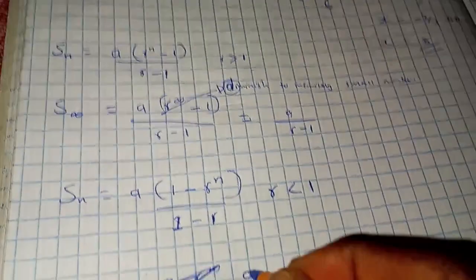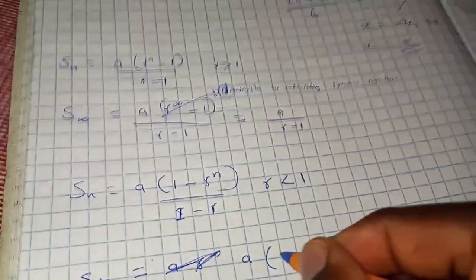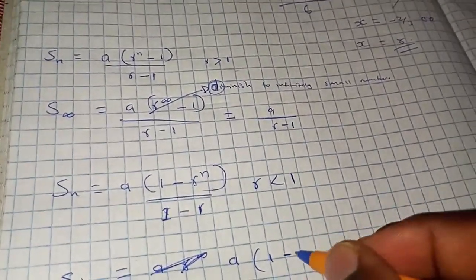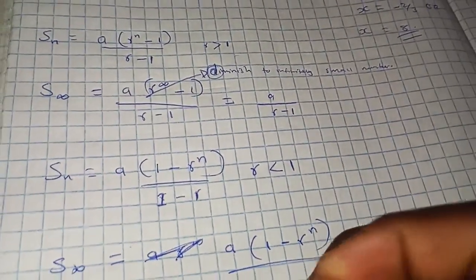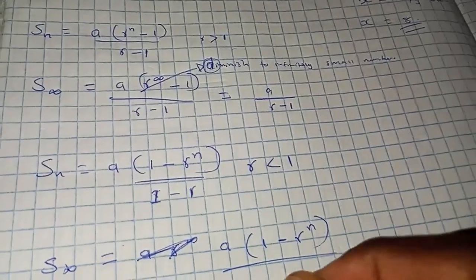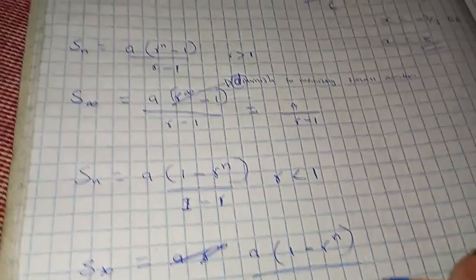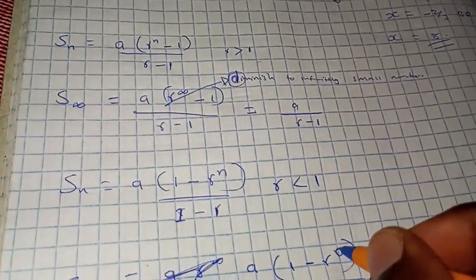We have a times 1 minus r to the power n, divided by 1 minus r, where n is infinite.